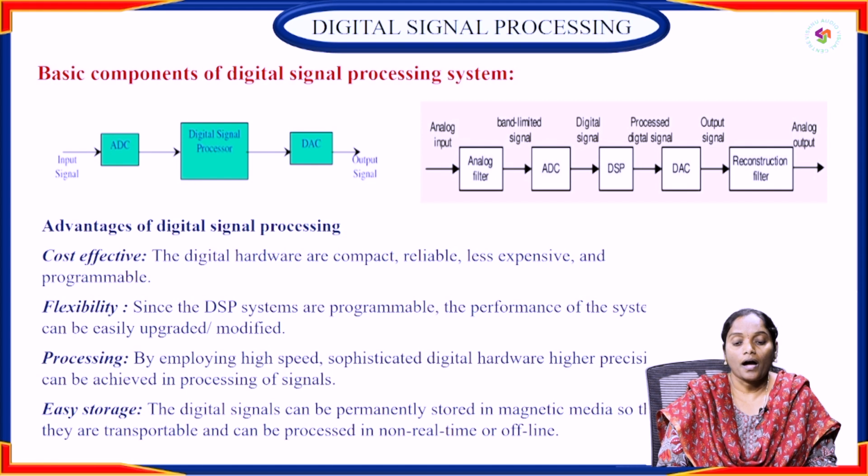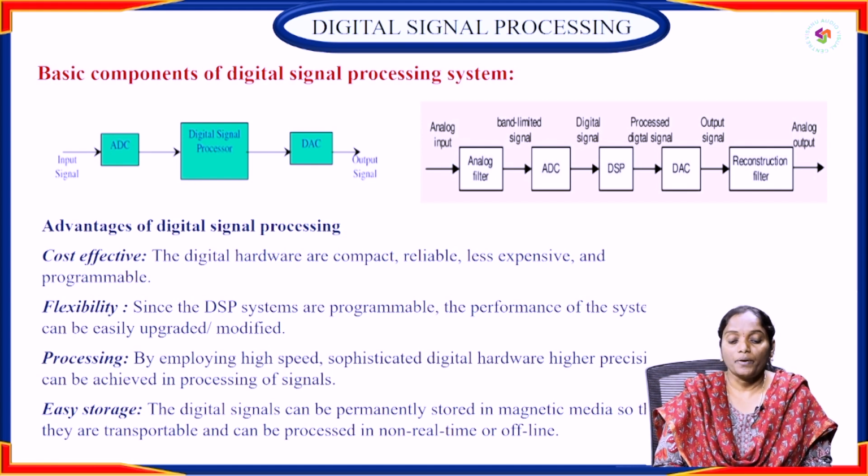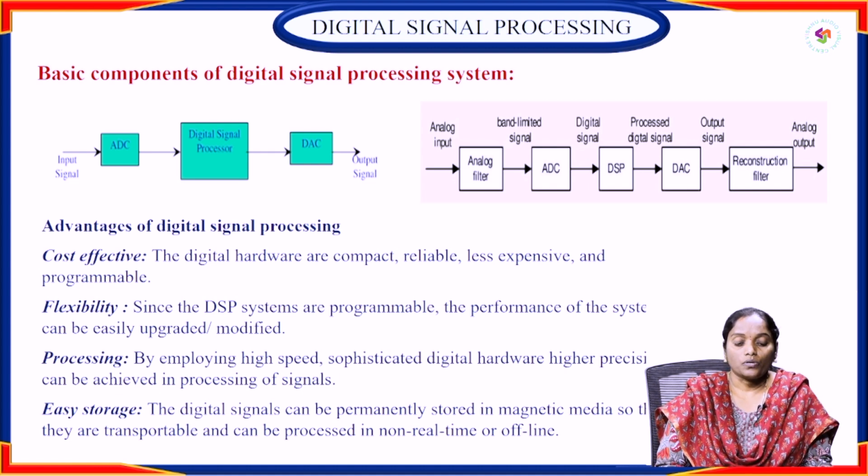By employing high speed, sophisticated digital hardware, higher precision can be achieved in the processing of signals. And storage is easy. Digital signals can be permanently stored in magnetic media so that they are transportable and can be processed in non-real time or offline. So these are the various advantages of digital signal processing over analog signal processing.